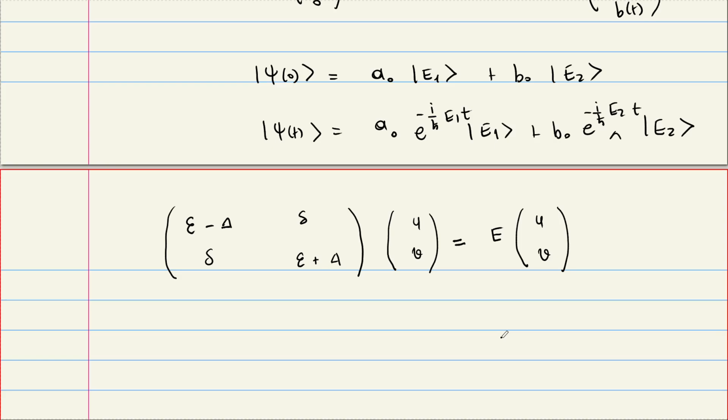That's the eigenvalue problem. And the job is to find what e is and what u and v are. Because this is a 2 by 2 matrix, there will be two different eigenvalues, e1 and e2, and they are going to have corresponding eigenvectors.